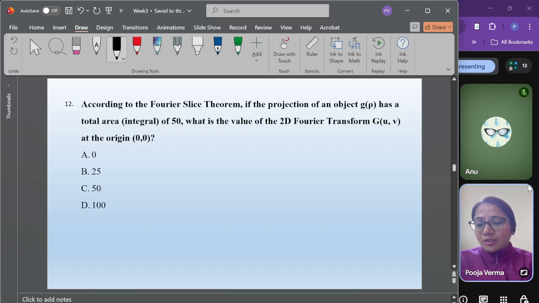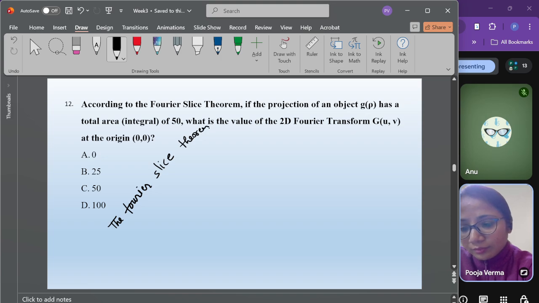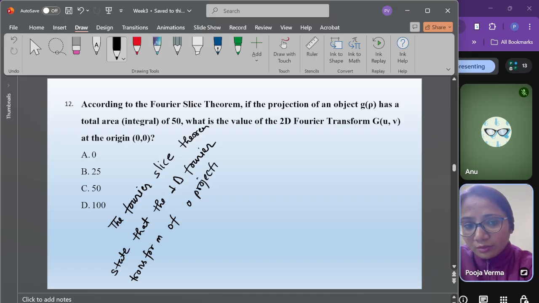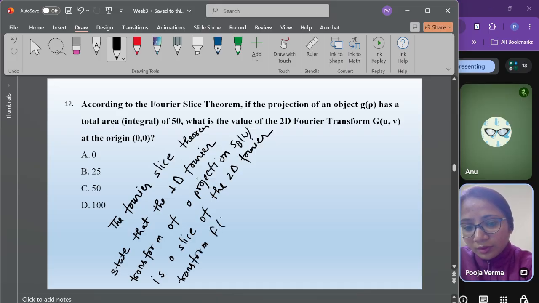Okay, so the Fourier slice theorem states that the 1D Fourier transform of a projection, let's say as a function of omega, is a slice of the 2D Fourier transform F(u,v).